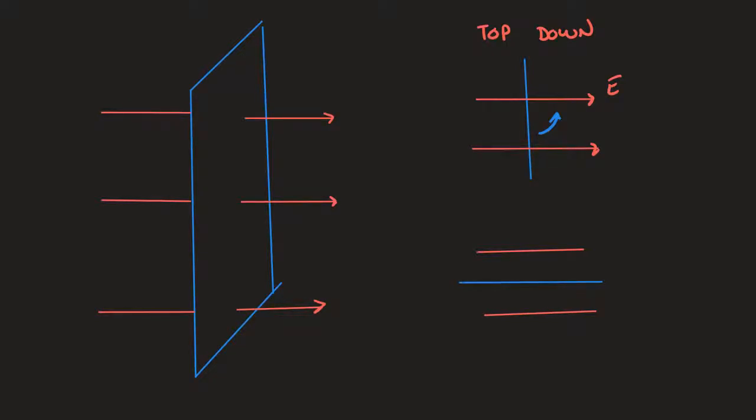But now none of the field lines are actually piercing the area that I have. So the area is the same size, and the field lines are the same, and the concentration's the same. But in this case, there would be no actual flux captured by the surface.